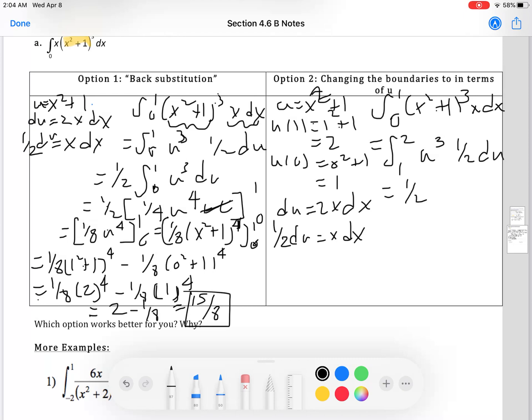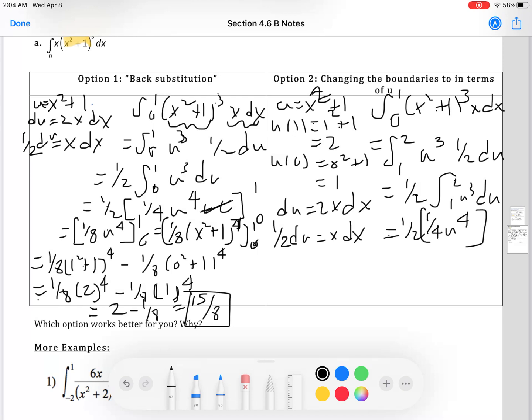And the good news here is I can just integrate this. That's a 1/4.